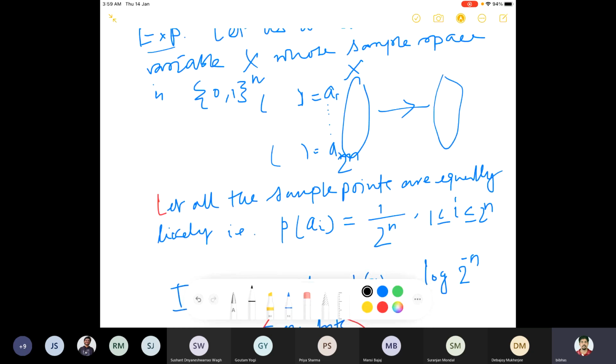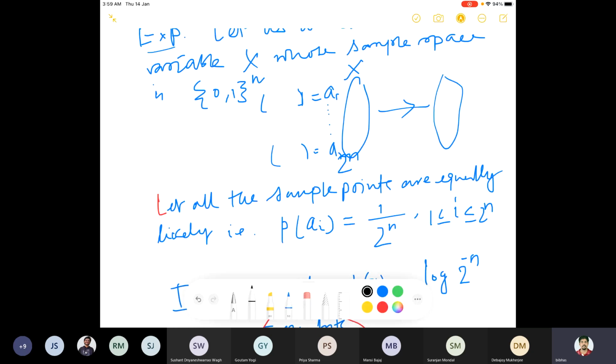For example, if you want to send some symbols A1 to AK, I don't need to encode all these symbols using binary strings of fixed length.